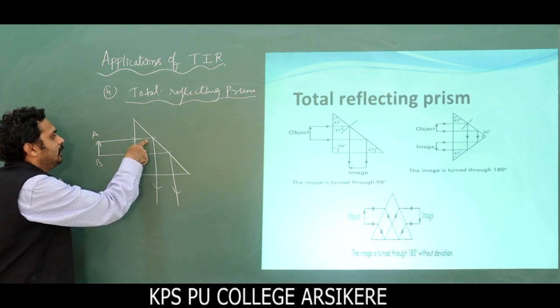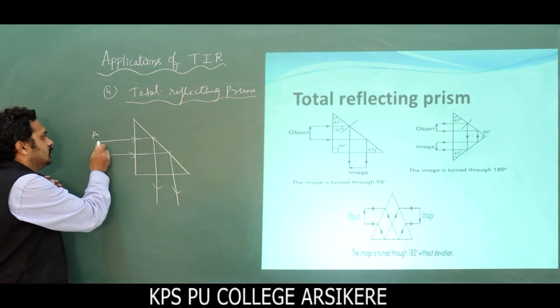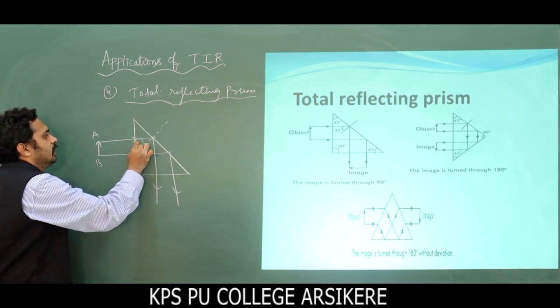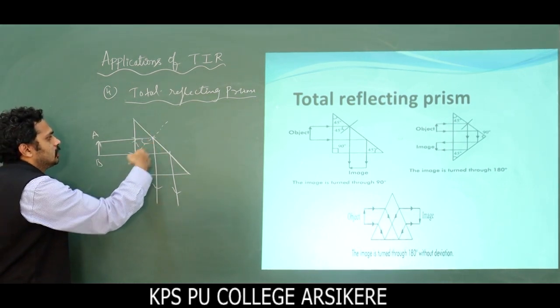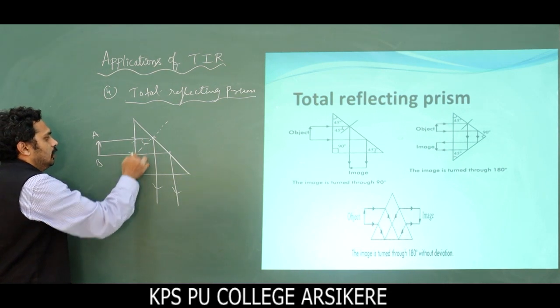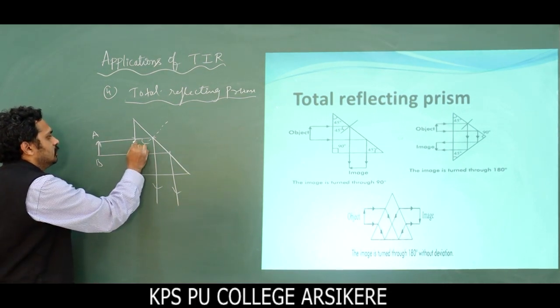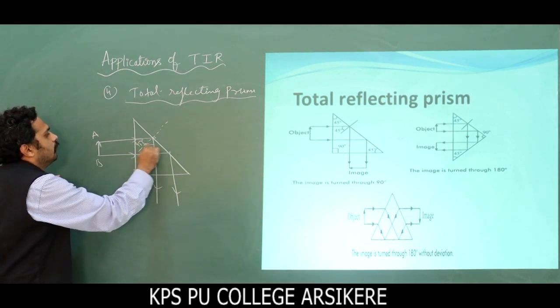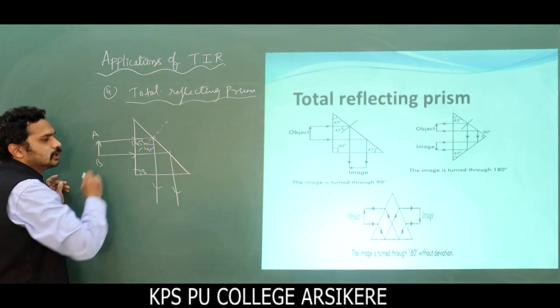How is there TIR here? Look at here, these are the light rays. Draw the normal, and this is the incident angle. Here this is an isosceles right angle prism, this is 90 degree, so this is 45 degree. The incident angle is 45 degree.